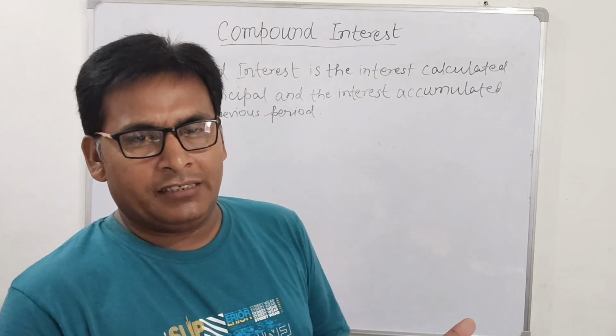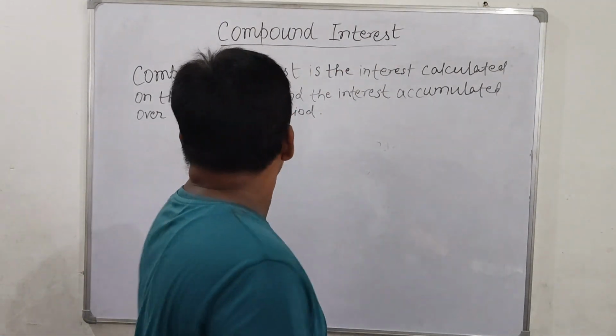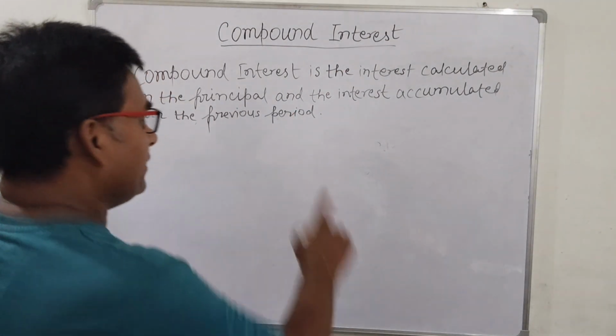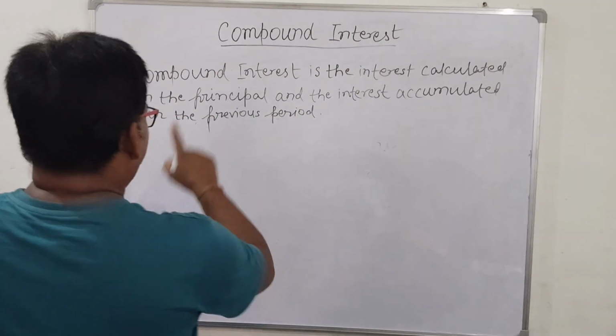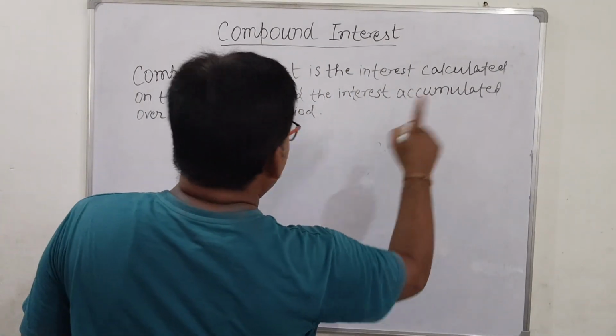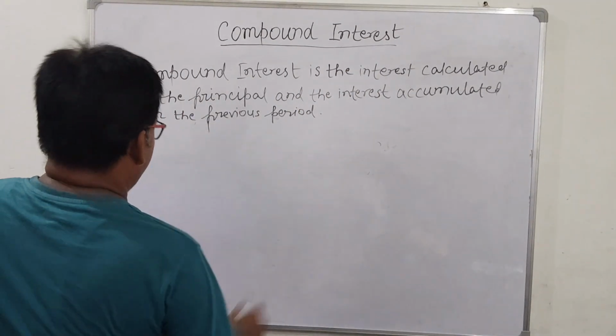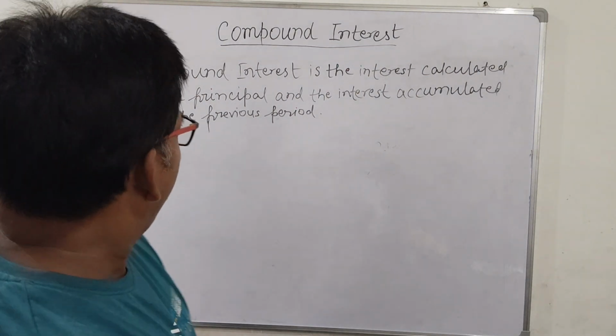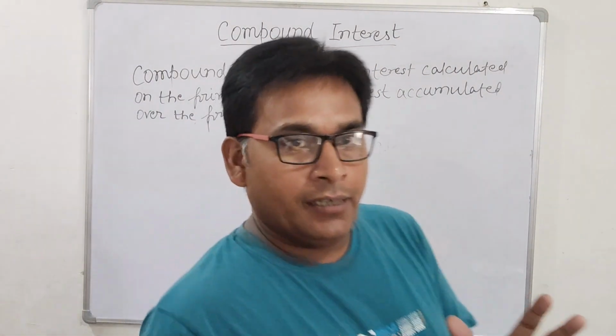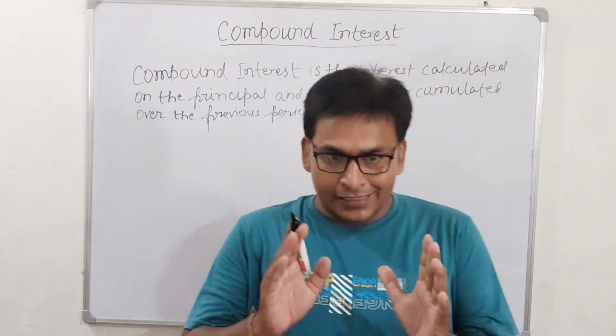What is compound interest? Compound interest is the interest calculated on the principal and the interest accumulated over the previous period. That is, the interest which is paid at the end of the year.